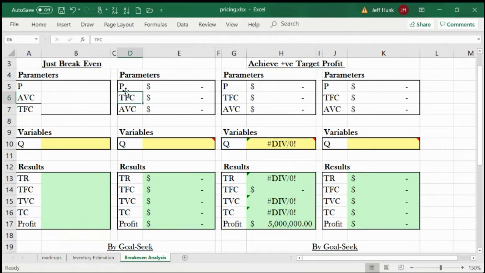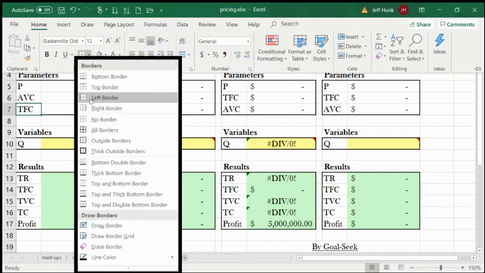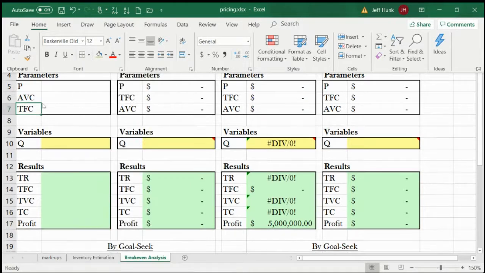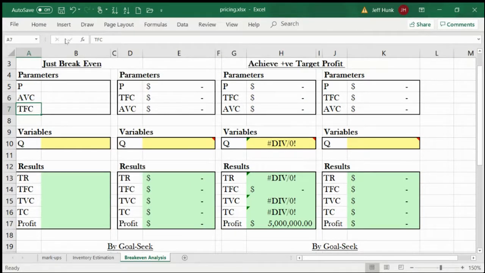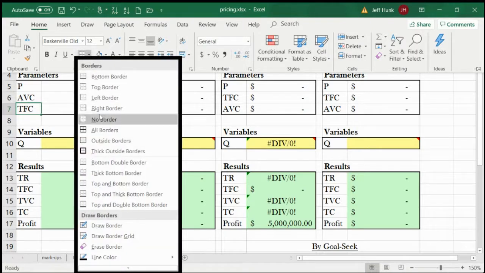I'll do the same here, and put a thick bottom border there.